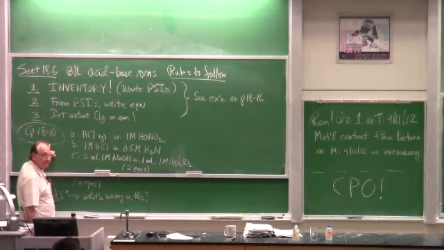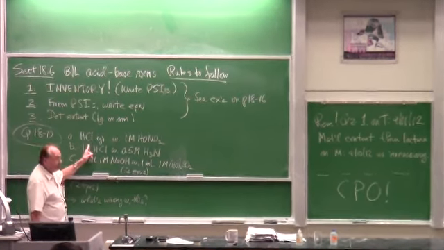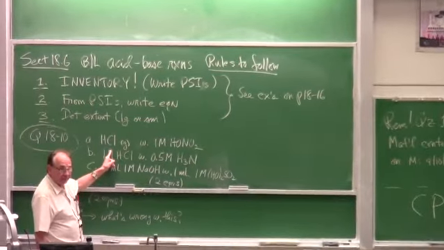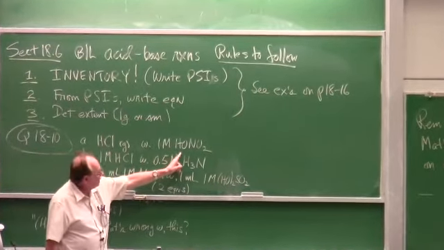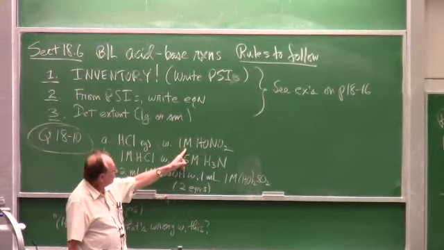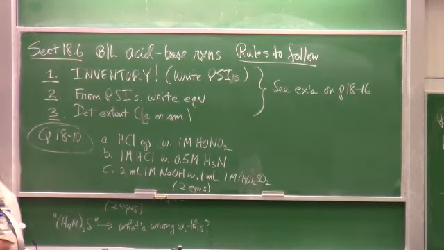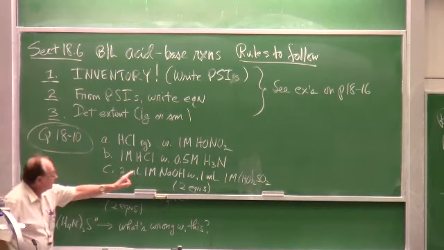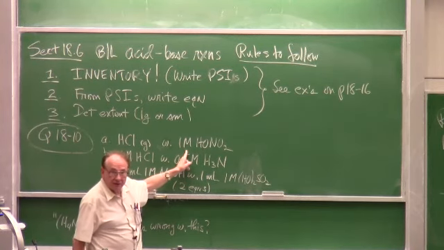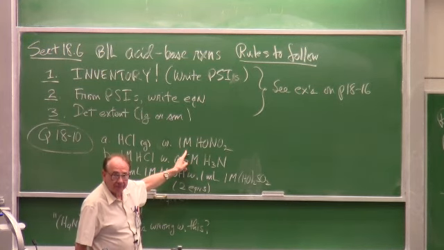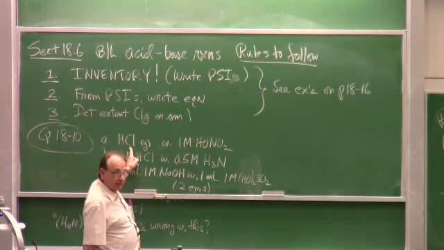Question 1810. Hydrogen chloride gas, the pure stuff, is mixed with nitric acid solution. Every time you see this M label, you know you're talking about a water solution, because this M means molar concentration. And we're not dealing with any solvent other than water. So there's the inventory for that.